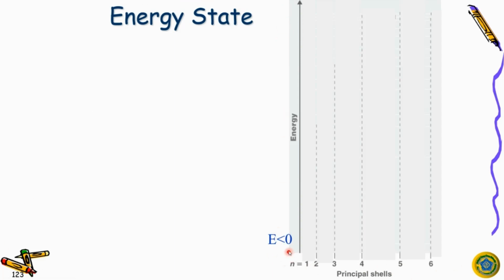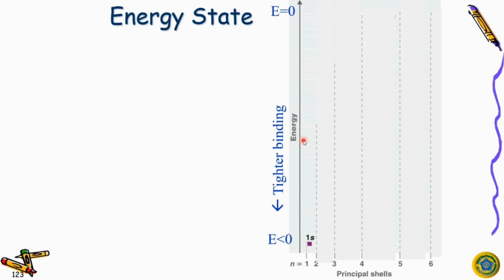The energy goes up to 0. If the electron is there, we call that a free electron. I hope you still remember. And if the electron is close to the nucleus, it is tightly bound, so it is difficult to remove electrons away from the atoms.